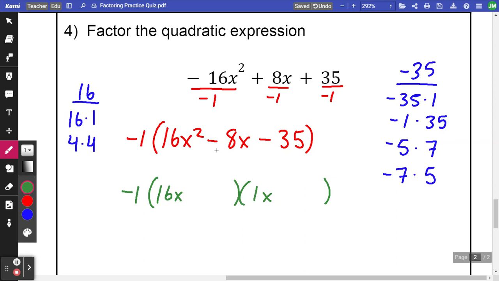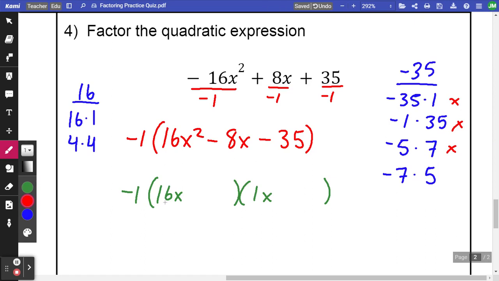However, my middle term is -8, which is not too big. So I'm probably not going to be looking at the big numbers, right? Anything with the 35 will probably end up being too big. So I can eliminate these three right away, okay?